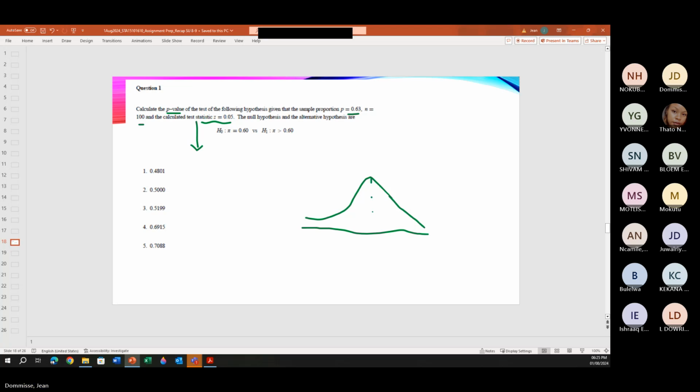Remember that is 0. So that z is just a bit bigger, 0.05. Okay, so let's see what this area in green is. 0.05.